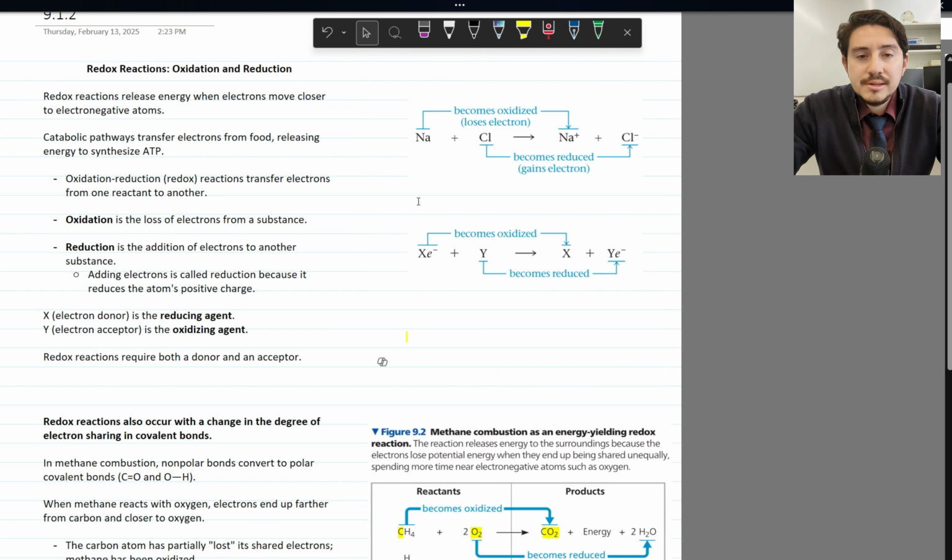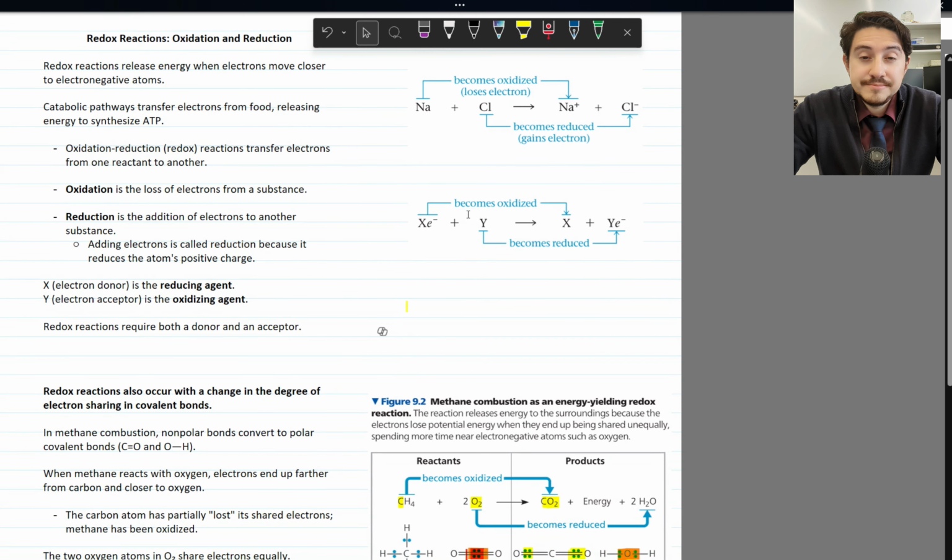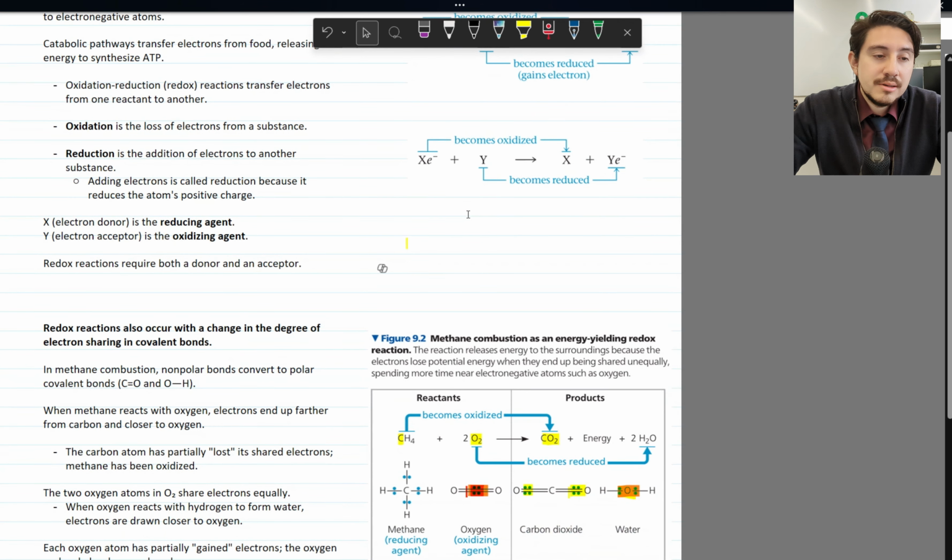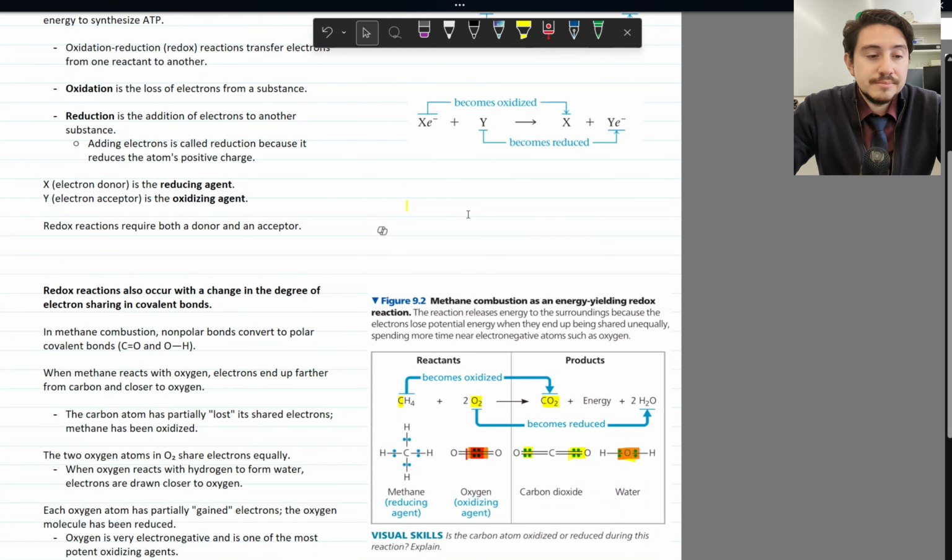An example reaction here, very simple, not necessarily biology related, where you have sodium, and sodium will provide an electron to a chlorine atom, where you have this sodium plus ion and chloride ions here. Oxidation, reduction.